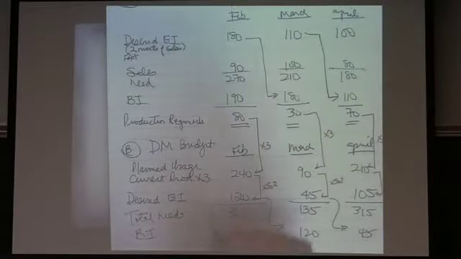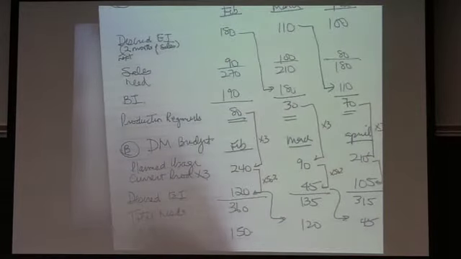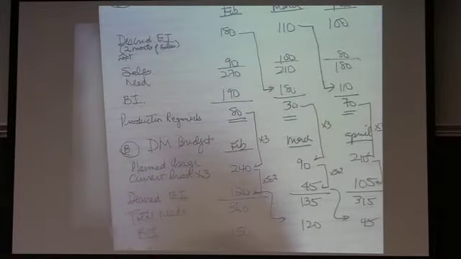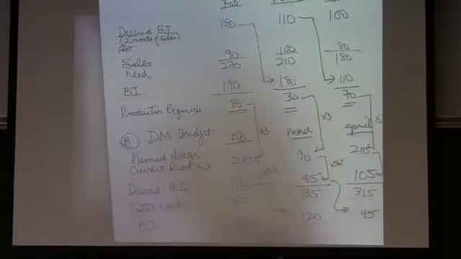Okay? Now, how did I get 150? I get the January production requirements, which is 100 plus 90 plus 40 minus 40 and 90.